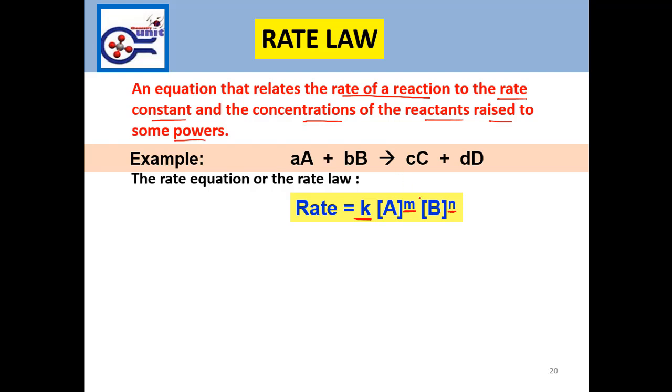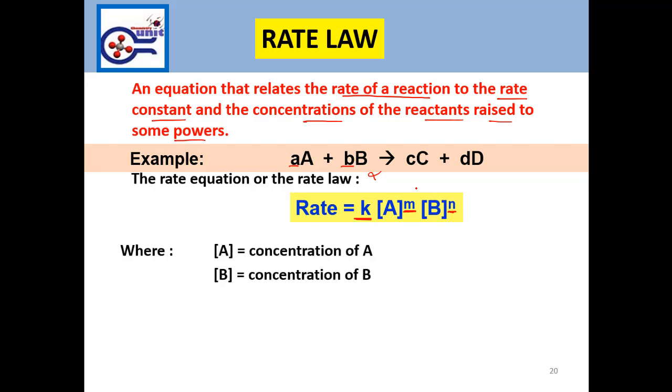Dan lagi satu benda penting you kena tahu, dia punya power ni tak sama dengan dia punya bilangan mole, tak sama. The power tu is not the same as the number of mole given in the equation. Dia tak macam kita buat differential equation tadi. Just again the explanation, K tu adalah rate constant.